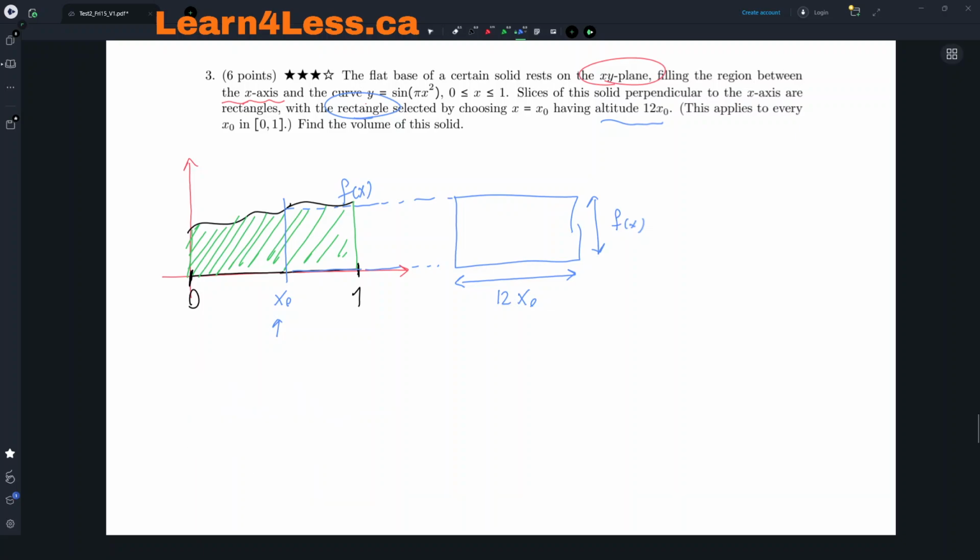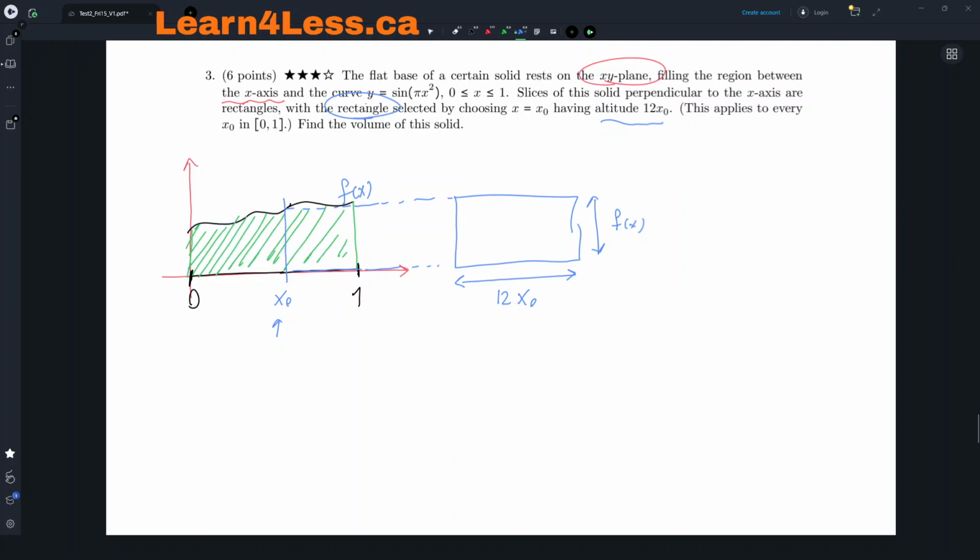And it's very important to know whether you are integrating along the x-axis or y-axis, because if you assume that you are stacking them this way, which is also possible, but because of this description, which they said we slice it perpendicular to the x-axis, it's easier to do that. But if you are slicing this perpendicular to the y-axis, it would be dy.